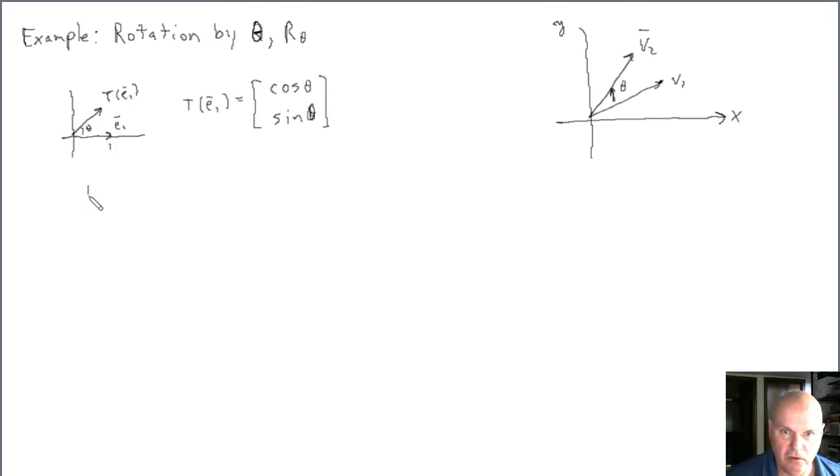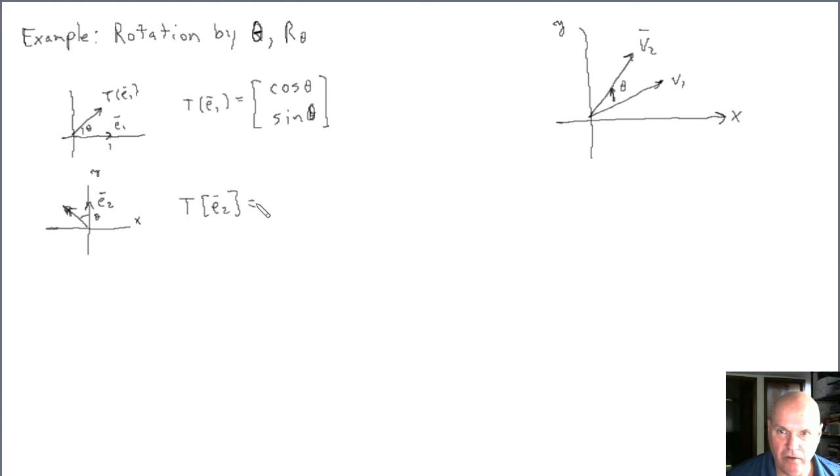So now let's look at the transformation of E2. It's a unit vector pointing in the y direction, okay, increasing it by positive theta. Again, it has the same length, should have length 1 here, kind of not drawn that way perhaps.